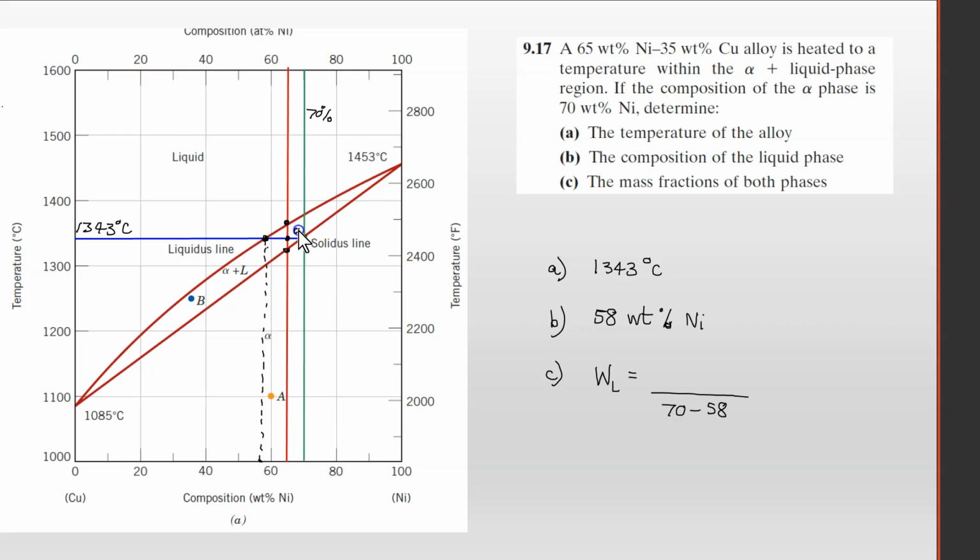So if this is length A over here, and this is length B, then in this case, because we want the mass fraction of liquid, we actually want to put the length B on top. B is simply going to equal 70% minus the average composition there, which is 65.